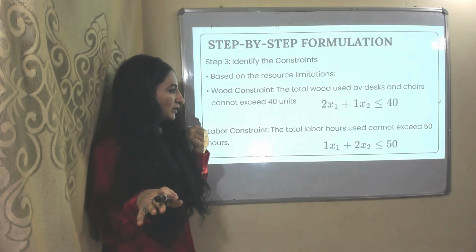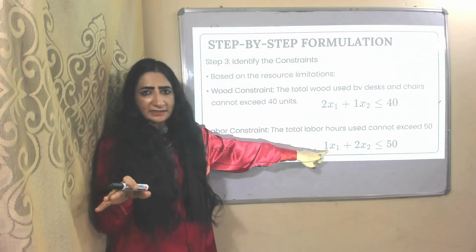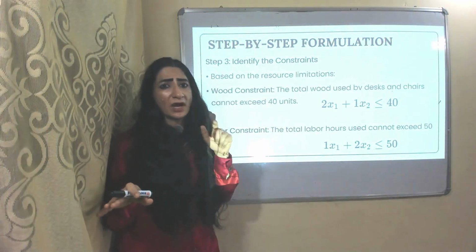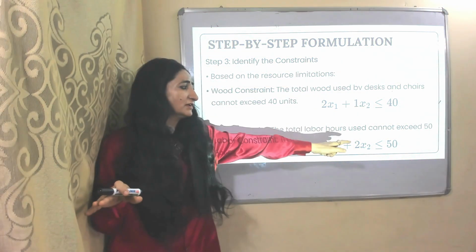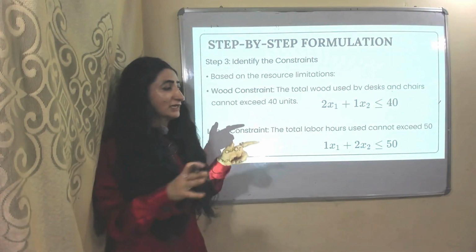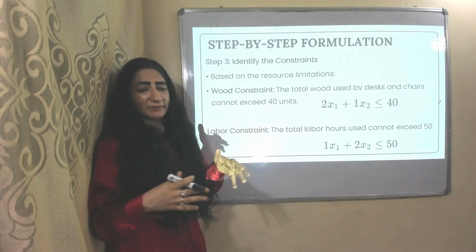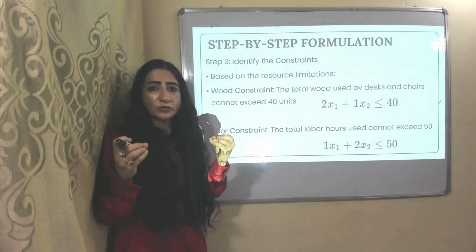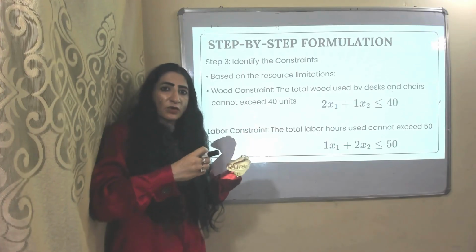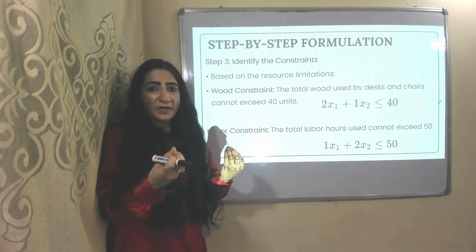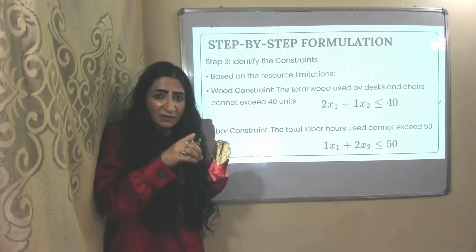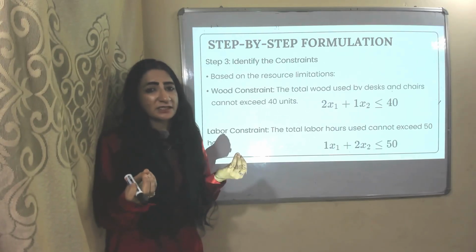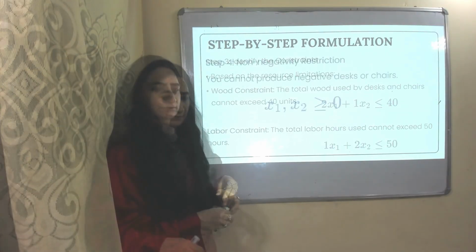Similarly, in case of labor constraint, each desk requires 1 hour of labor, each chair requires 2 hours of labor, but we don't have labor hours more than 50. These two are our constraints. And with the help of linear programming, we want to know how many units of desks and how many units of chairs within our constraints we need to produce so that we can achieve maximum profit.